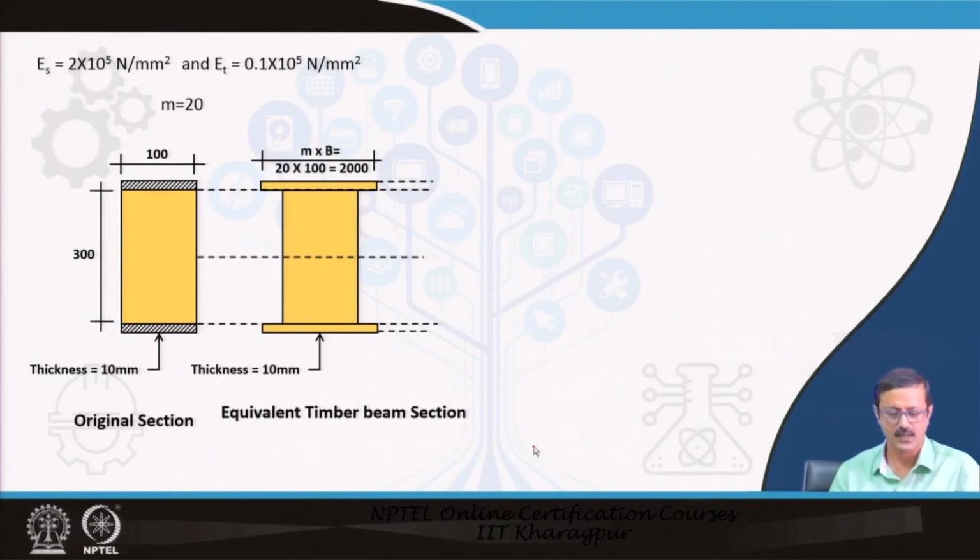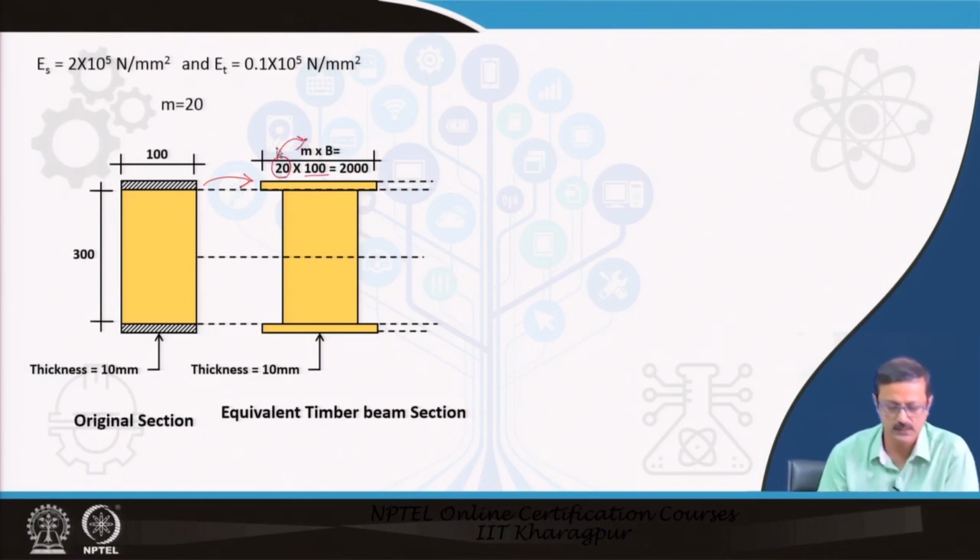So, in that case what we did, our original section has to be enlarged to an equivalent timber section, where I increase the section of the steel by multiplying the dimension of 100 by 20, and 20 is nothing but the modular ratio.